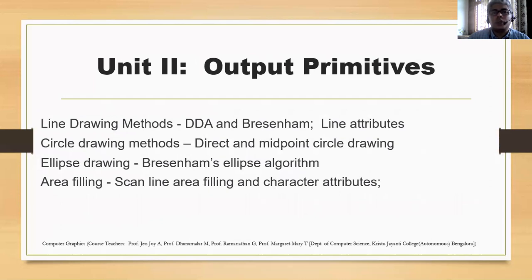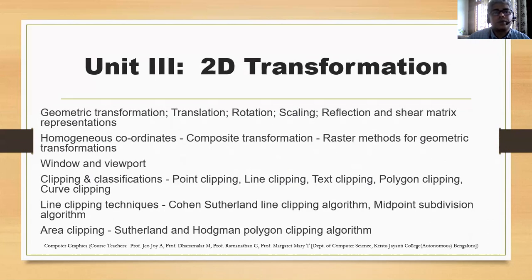And Unit 2 deals with the output primitives, wherein students will be learning different line and circle drawing methods, that is the DDA and Bresenham, as well as the ellipse drawing method using Bresenham's technique. And also the students will be covering area filling, scanline area filling, and character attributes.